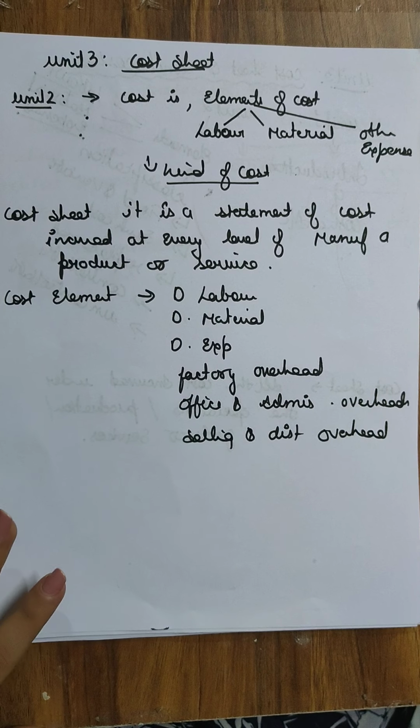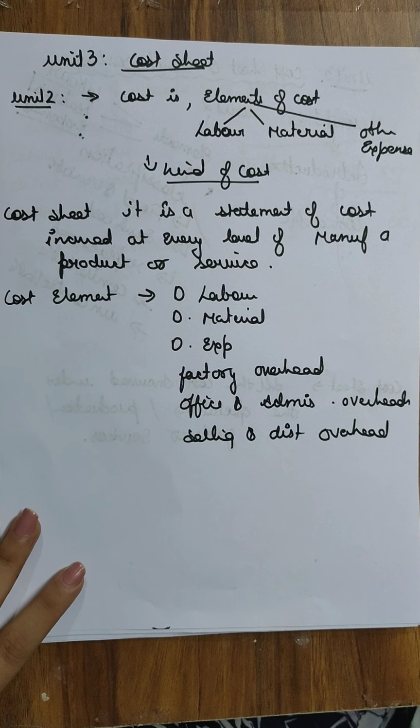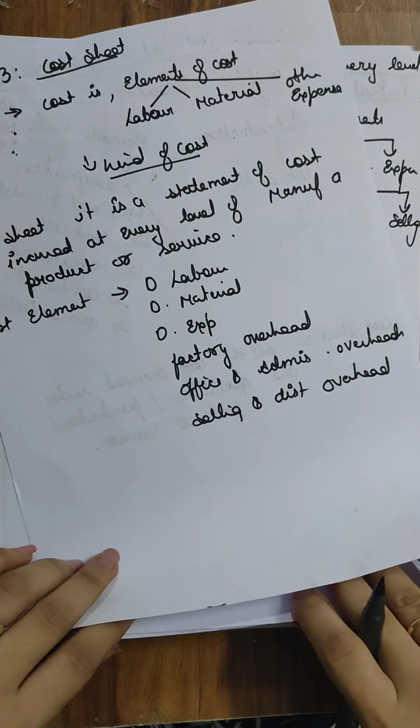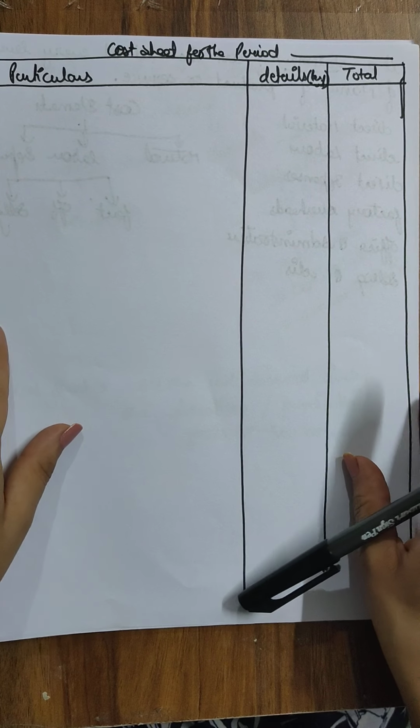So the preparation of the cost sheet is a very important aspect of the cost accounting. So let's start with the preparation of a cost sheet. For this, first of all, I will be discussing with you guys a particular format of a cost sheet. Right now over here, I have already prepared a cost sheet format.